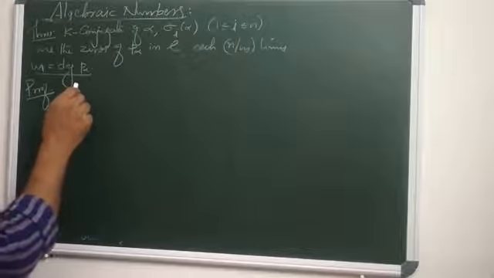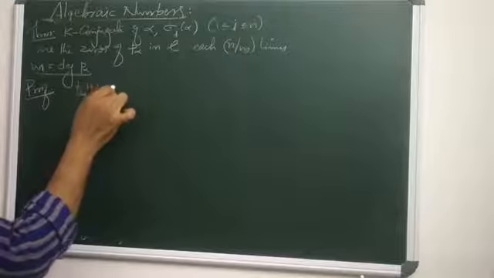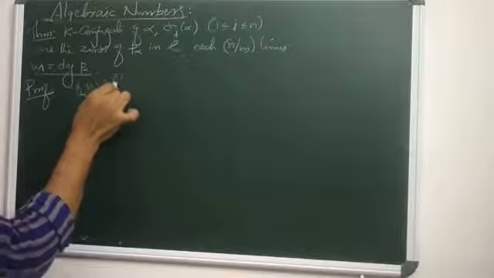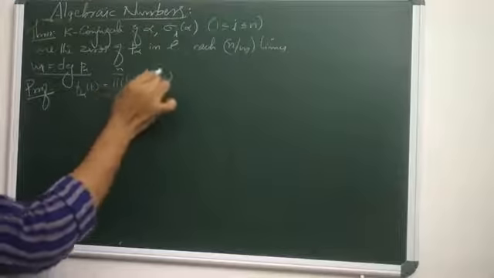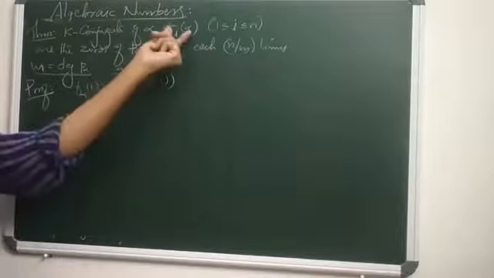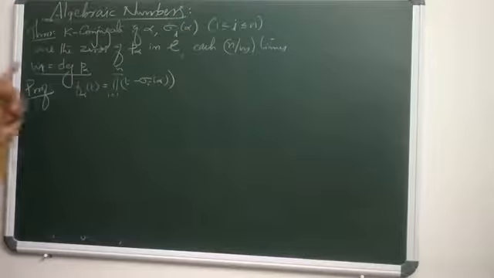So we know the field polynomial. What is the field polynomial? We know that f alpha of t is the product I ranges from 1 to n of t minus sigma I alpha. And it is given that the sigma I alpha, that are the k conjugate of alpha, are the zeros of the given minimal polynomial p alpha.